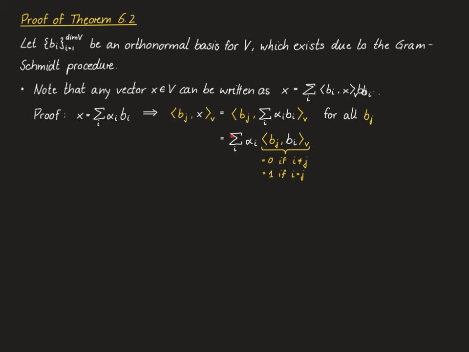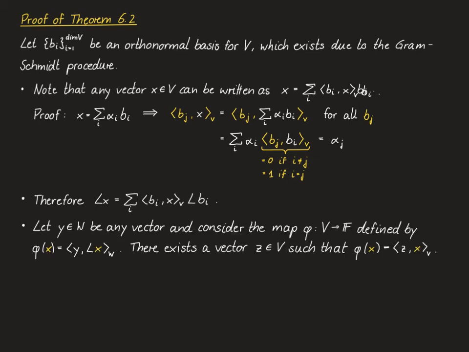So therefore, this whole expression here simplifies to alpha_j. And hence, we have exactly what we wanted to show. By linearity of the given linear operator L, we therefore clearly have that Lx equals the sum over all i of the inner products of b_i with x times L b_i.